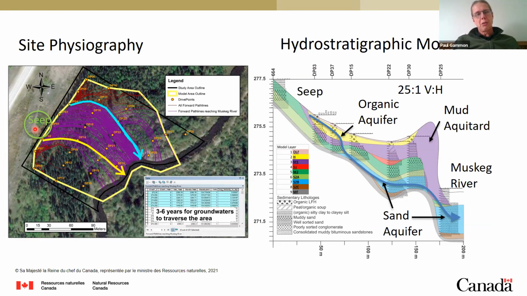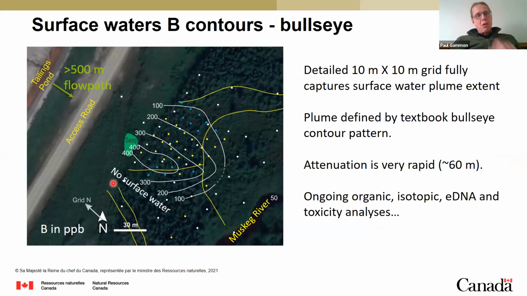If you actually look at the flow paths and the fluxes, what you see is that the waters take this arcuate trend. They go subsurface about here for the most part, and then end up in the river in about 3 to 6 years, depending on the path they take. What we really look for when we see this is the boron values, because it forms this beautiful contour, 400 ppb, 300, 200, 100.